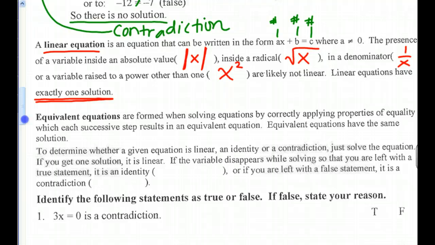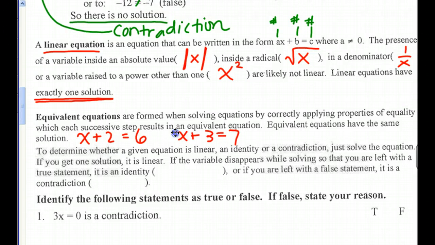Equivalent equations are formed when solving equations by correctly applying properties of equality, in which each successive step results in an equivalent equation. Equivalent equations have the same solution. So this would be something like x plus 2 equals 6 and x plus 3 equals 7.